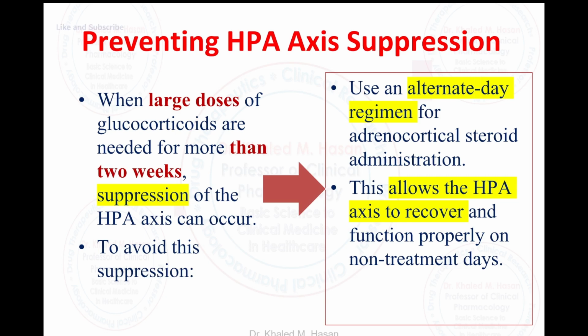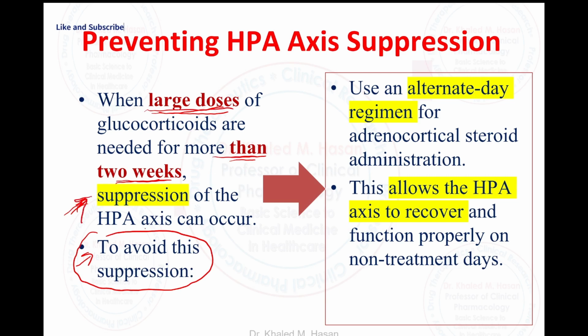Another important topic here is suppression of the HPA axis. HPA stands for hypothalamus-pituitary-adrenal cortex. When you prescribe cortisone to your patient in large doses for more than 2 weeks, this will lead to suppression of the HPA axis.